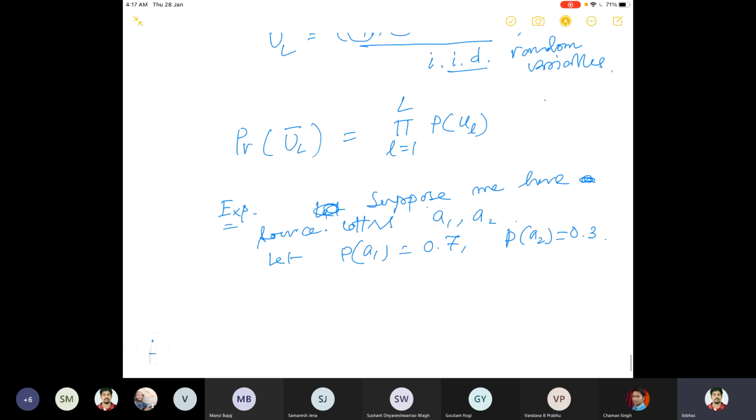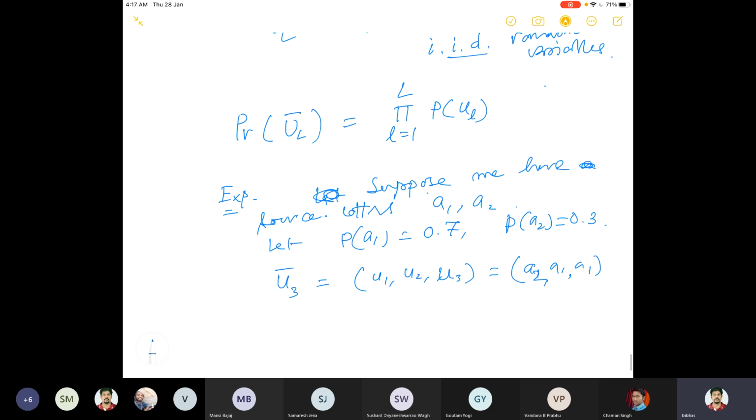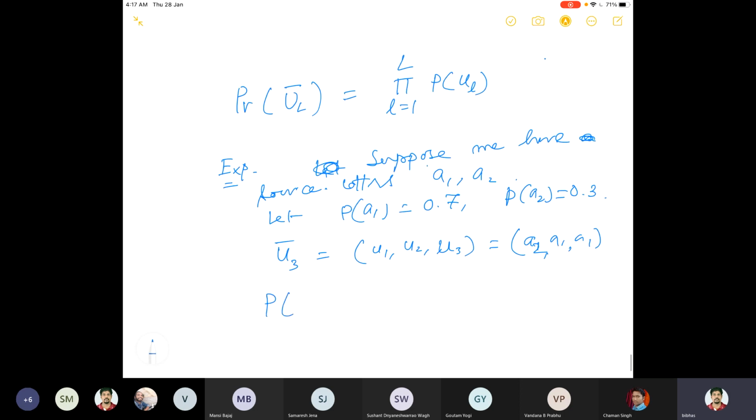Then you consider a sequence, say U3, which is U1, U2, U3. Let us say, for example, this is A1, A1, A1. Doesn't matter. Or maybe you can take A2, A1, A1. This is a sequence. Then what is the probability of this?